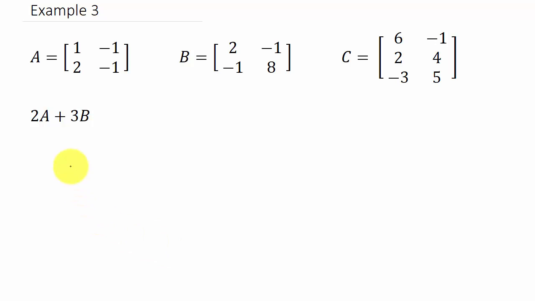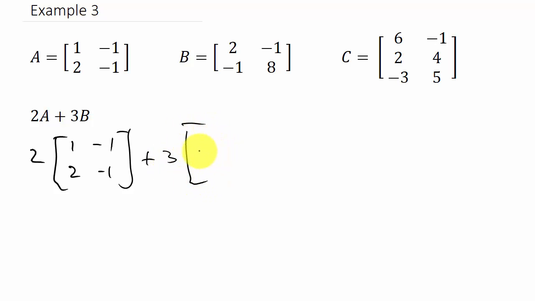Okay, so notice we have a scalar times A and a scalar times B. Alright, so to do this, we've got, let's write it down, 2 times matrix A and then 3 times matrix B. Alright, so to do this, the first thing we're going to have to do is multiply each matrix by its scalar.